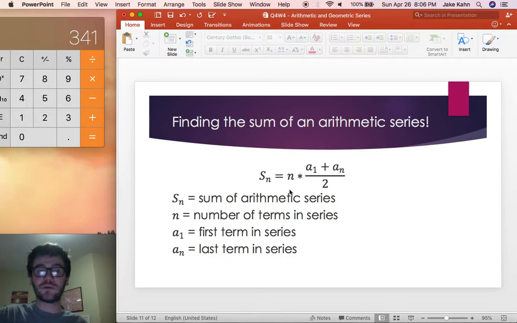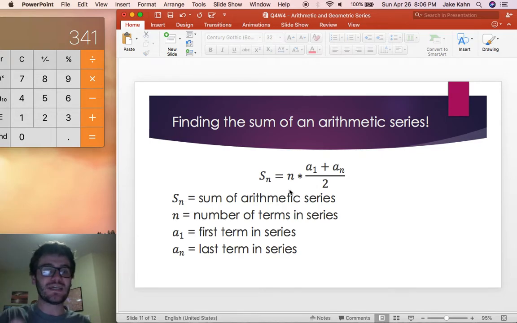So for this formula, what do each of those variables mean? First of all, Sn still represents the sum of your series, but now it's an arithmetic series. N is the number of terms in your series. That's the same as well. A1 is the same. It is the first term in your series. The only thing that's new in this formula is that you don't have r, the constant ratio.